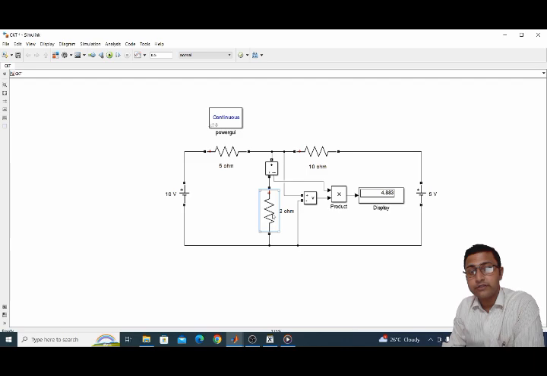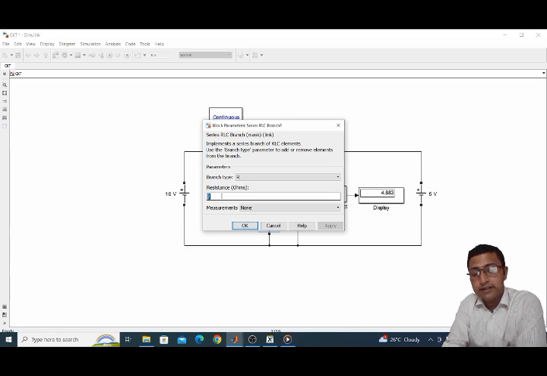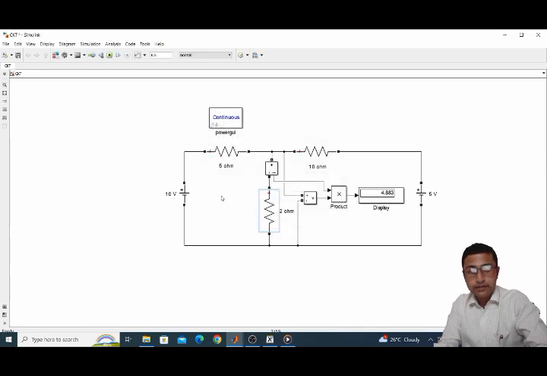So here the load resistance is set as less than the RTH. Next, if we set it greater than the RTH, suppose I set it as 5 ohm, and run the simulation, I get the power is only 5 watt.